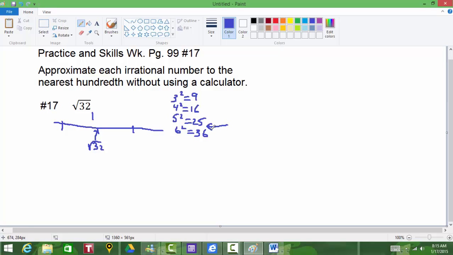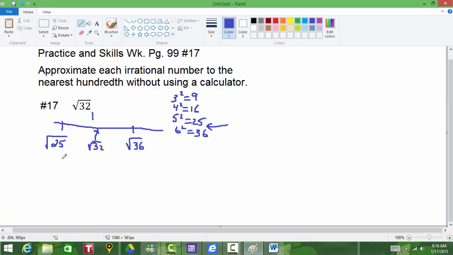So I'm going to take that information that I got over here and transfer that over to our number line so you can get a better picture of what we're actually doing. So let's put the 25 right here, a little square root symbol, and I'm going to put the 36 right here.